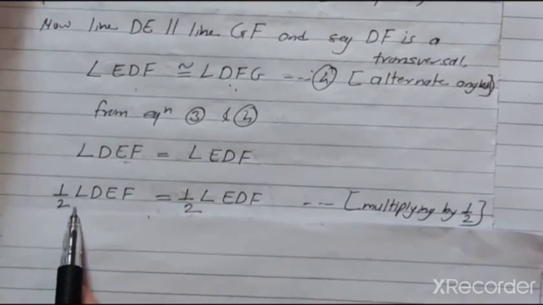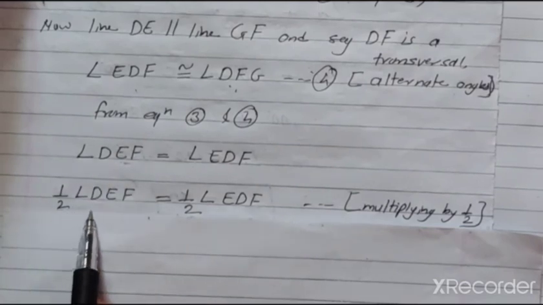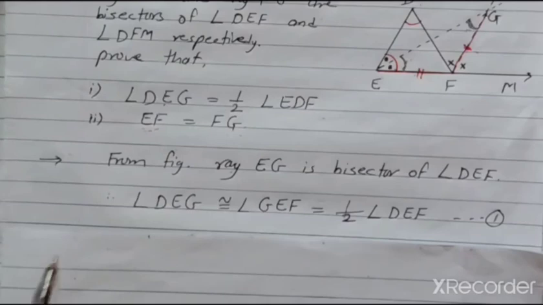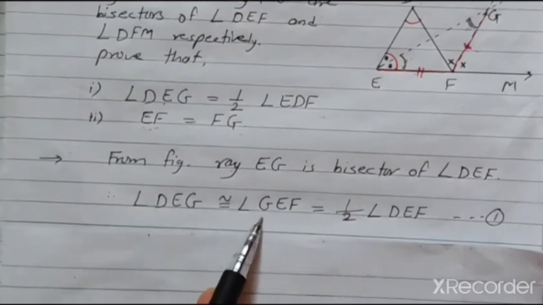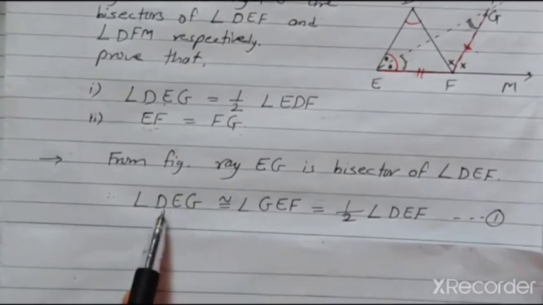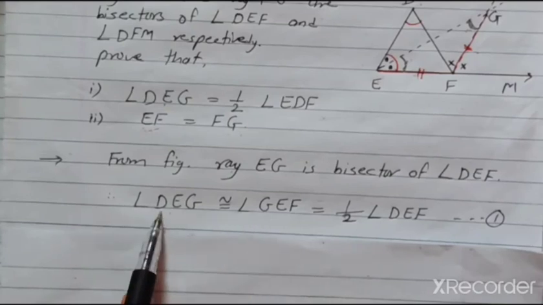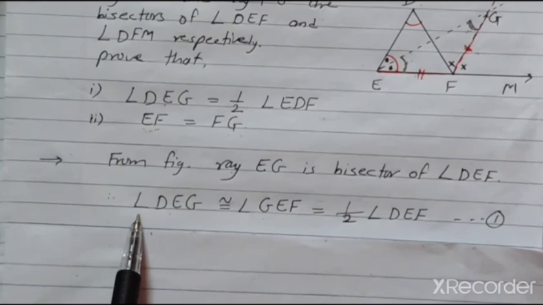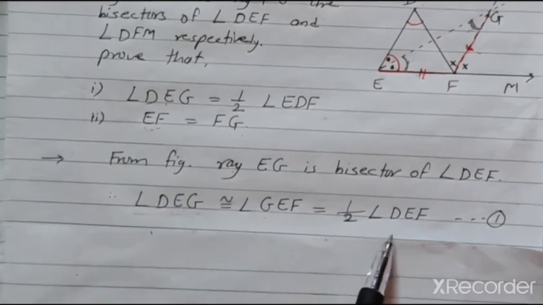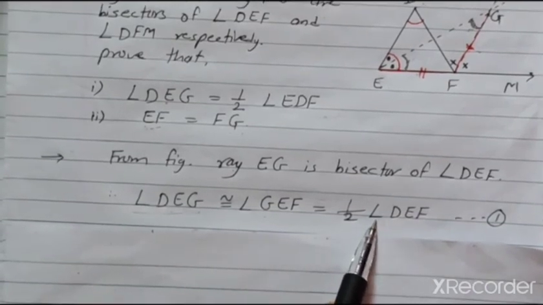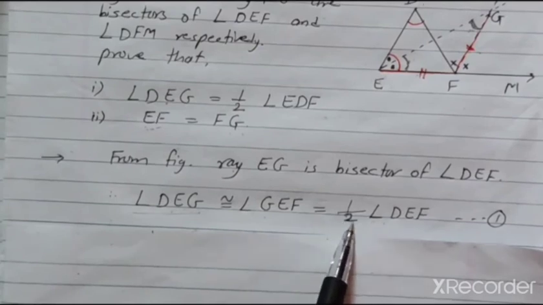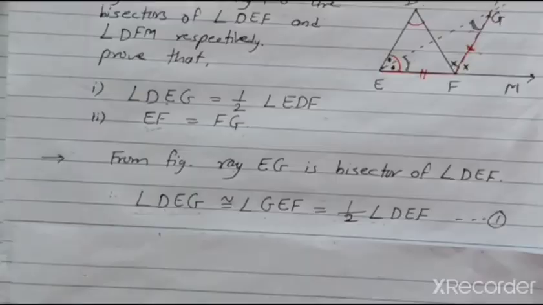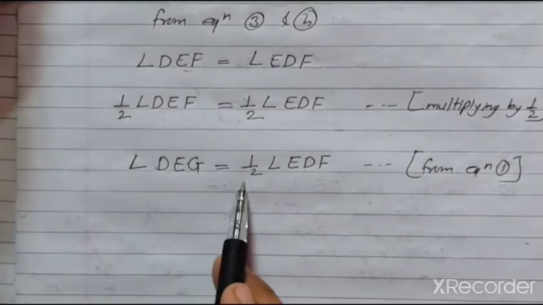You know from equation 1 the value of this measure is equal to these two angles. You can choose any one, but here we require angle DEG. So I am selecting this first angle and substituting the value of this measure as angle DEG. Therefore, our first statement is proved.